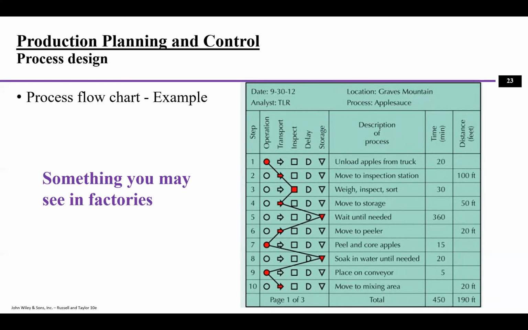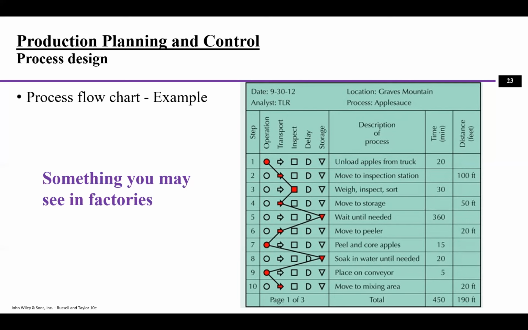And this is another example showing a process flow chart, especially for manufacturing shop floors. So this kind of sheet typically appears on a manufacturing shop floor. On the left, you can see different types of operations, like operation, transportation, inspection, delay, and storage.